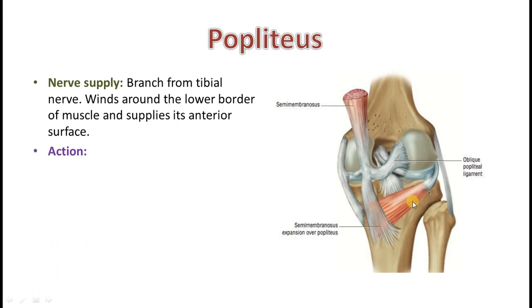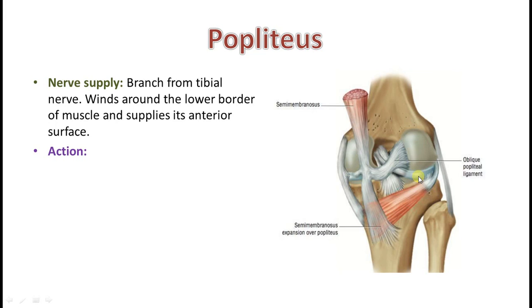So, main action, as I told you, initiates flexion by unlocking. From the extended knee, when you have to unlock, what happens is lateral rotation of the femur. So it will pull the lateral condyle, unlocking. When the knee is flexing, the lateral meniscus should not get caught between the two articular surfaces.